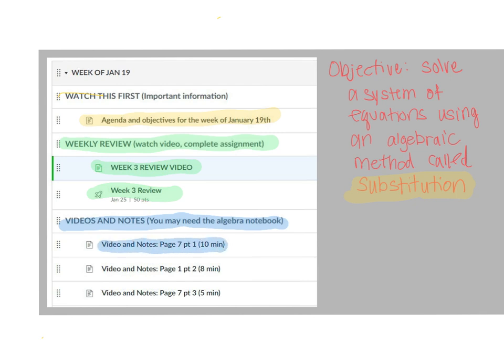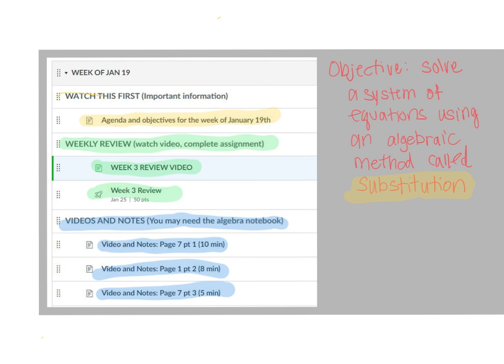So all 3 of them have to do with page 7, and there is an 8-minute one, a 10-minute one, and a 5-minute one. So you can watch and rewatch those as many times as you need to. And keep in mind, even if you watch the video and you're not real sure what happened there, you can bring those questions to Zoom and ask about those as well.